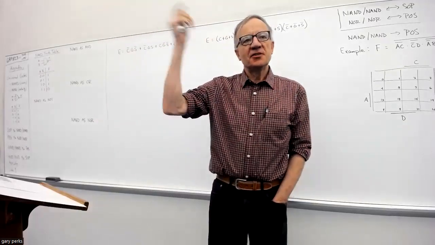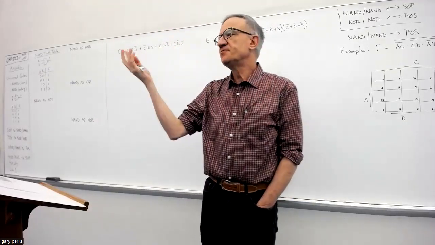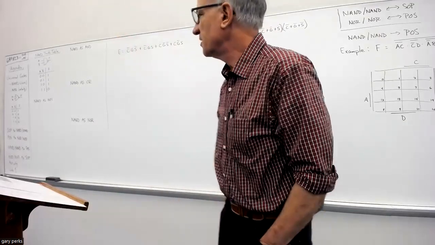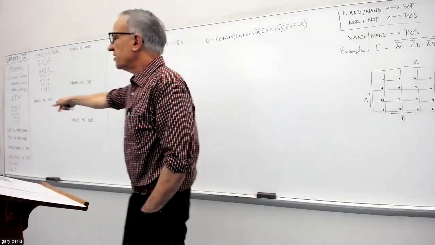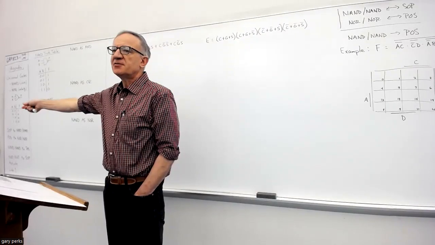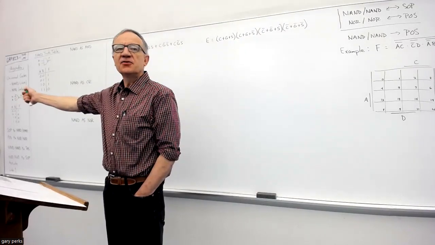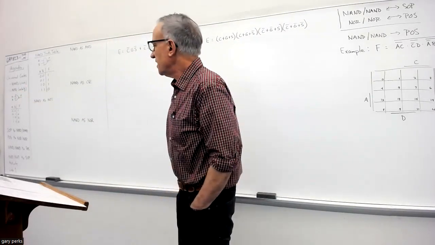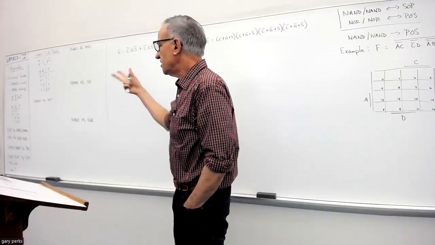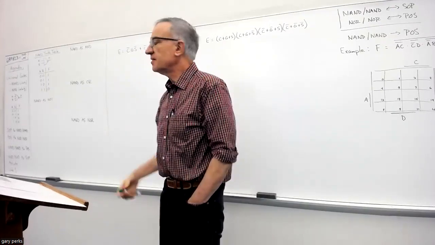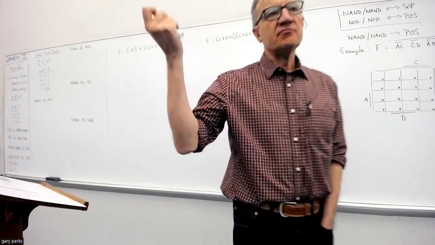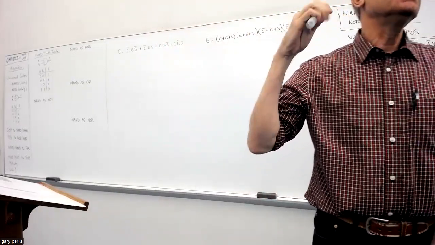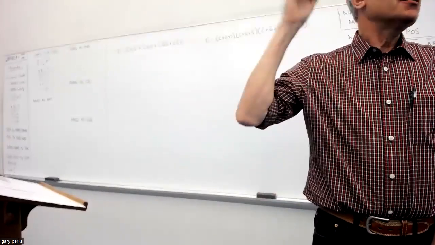We've talked about SOP, sum of products, and POS, product of sums, but there's two other forms that we haven't talked about yet: NAND and NOR. And then there's an activity on both these things. And then once you know the NAND and NOR, you can do the second part of lab one.